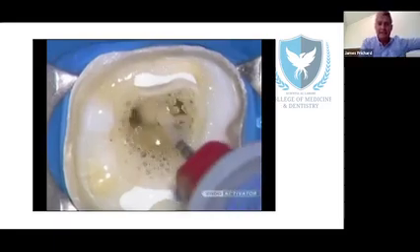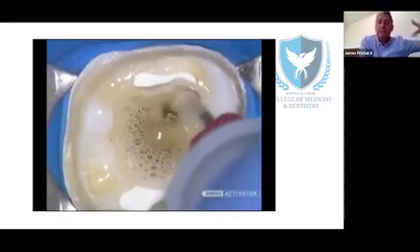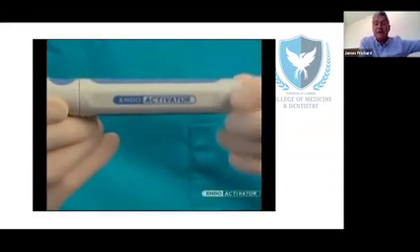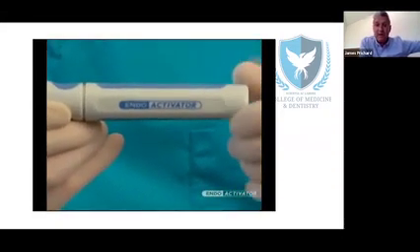The more dentine that we remove, the potential fracture resistance of the tooth becomes reduced, because the tooth dentine becomes weaker.